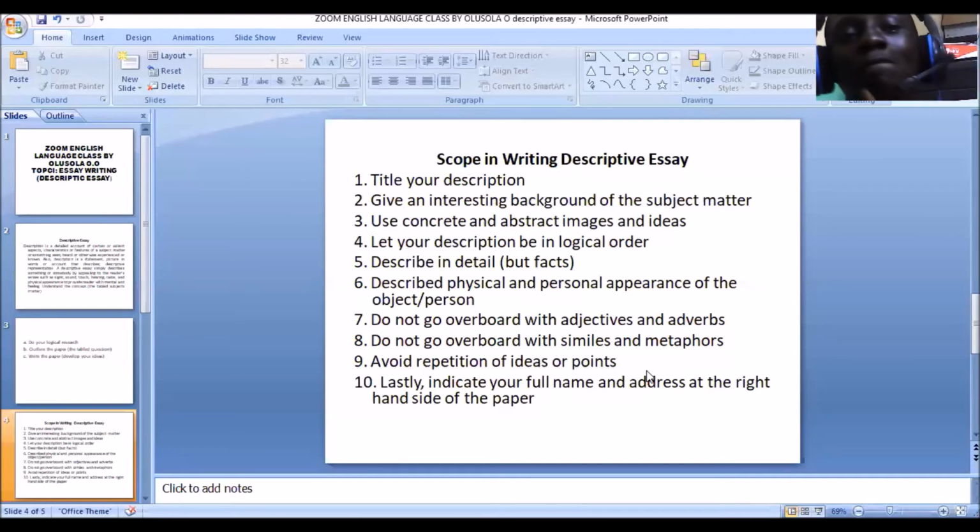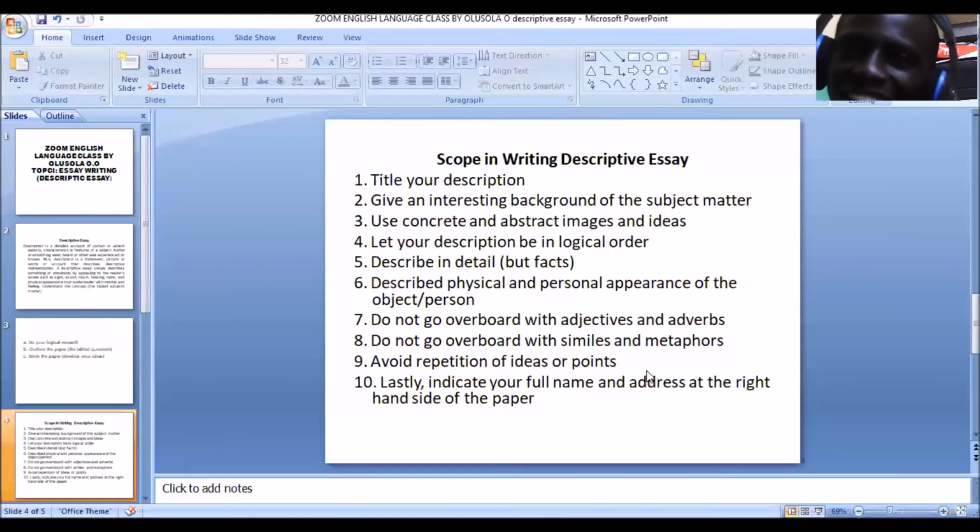And adjectival words can be modified into adverbs or adverbial words. For instance, the word great is an adjective. By the law of suffix, if I add ly to great, it becomes greatly.